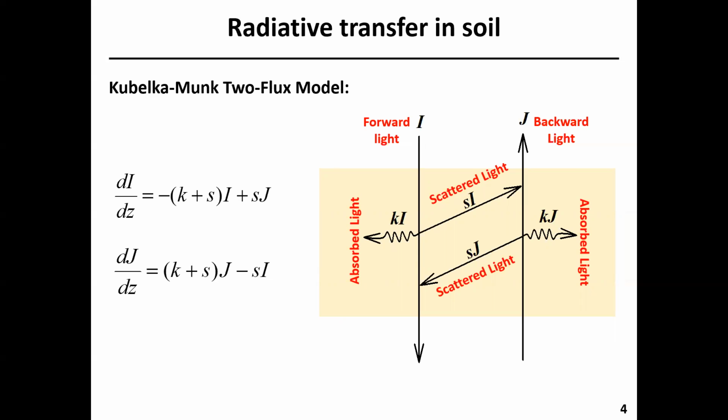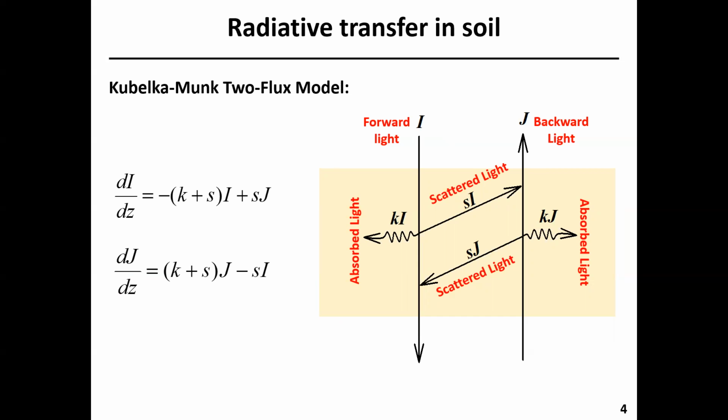As they go through the layer, they can be partly absorbed, which is proportional to the absorption coefficient of the layer K, and can be partially scattered, which is proportional to the scattering coefficient of the layer S. The scattered light will contribute to the backward flux J, and eventually it will go out of the soil or the material and will form the soil reflectance.